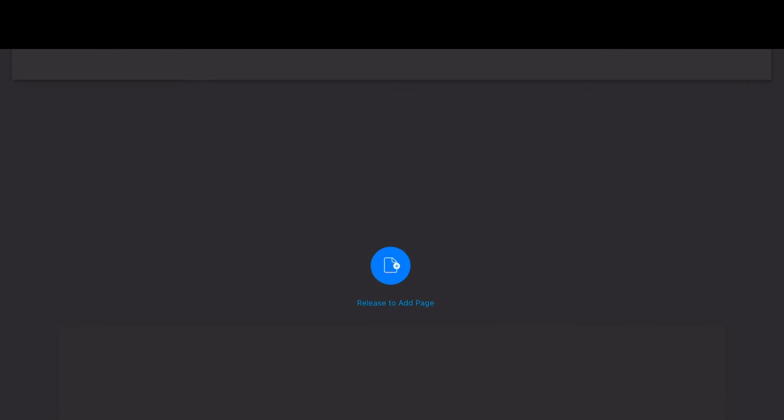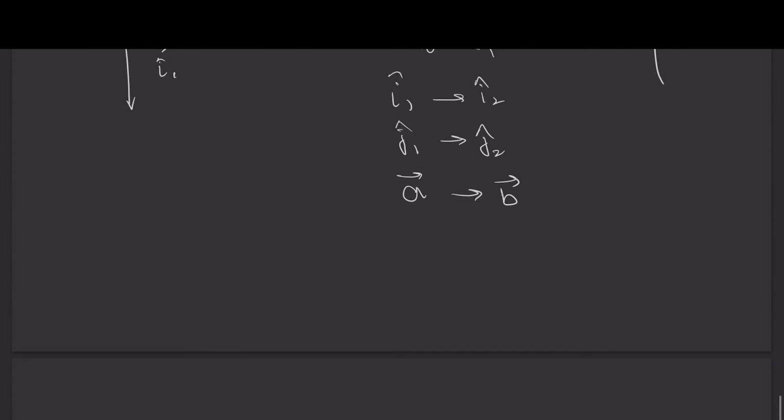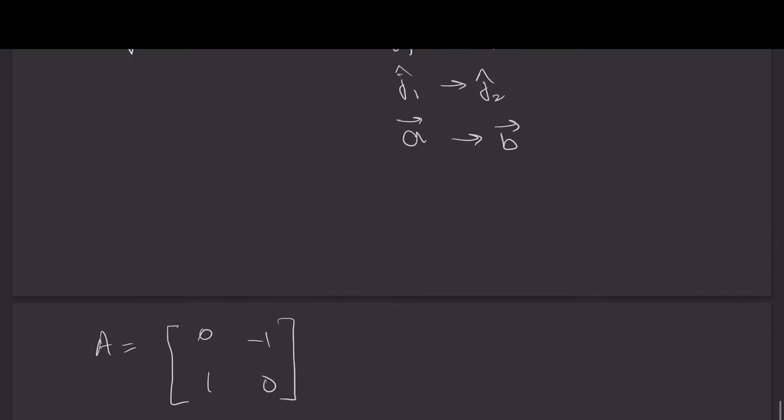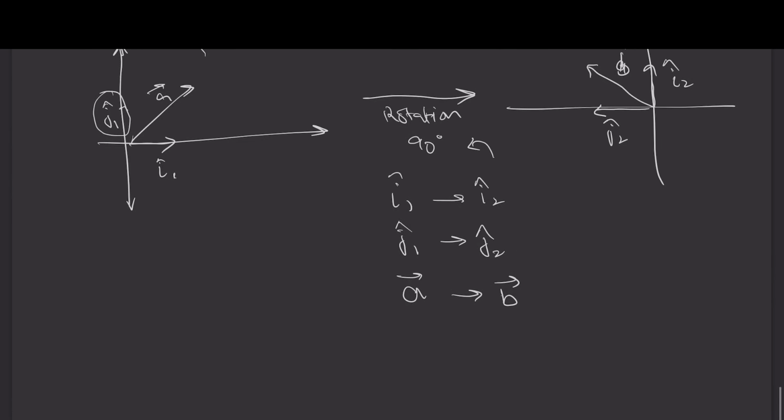Let's take the matrix A. This is the matrix that's actually doing the job, and this is called the rotation matrix. We can see that I1 has an x component of 1 and a y component of 0, and I2 now has an x component of 0 and a y component of 1.